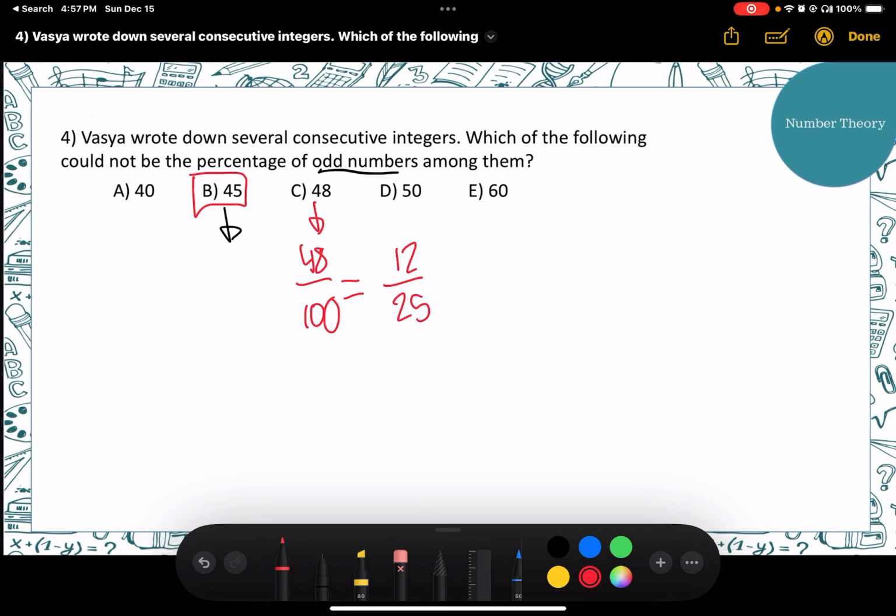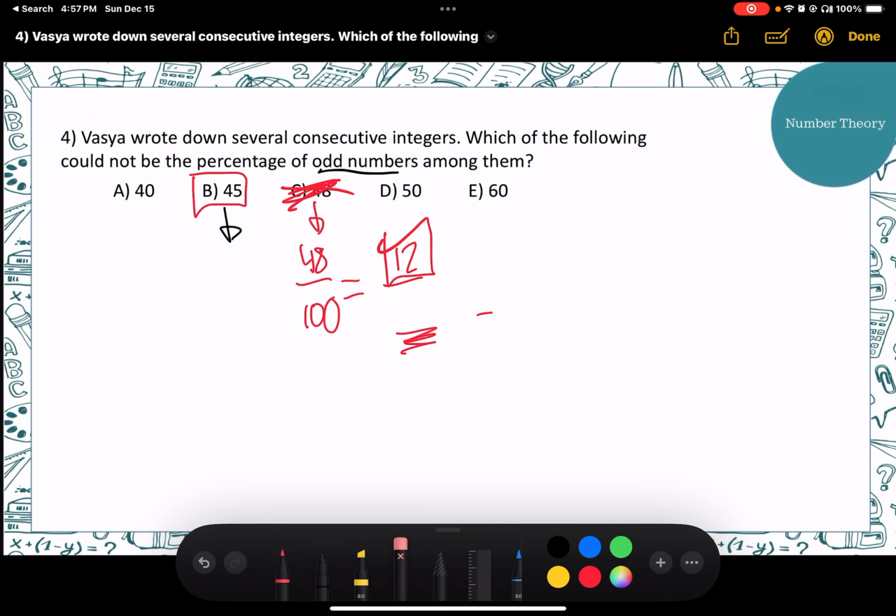Here's why. So you have an odd number of numbers, which means that there is going to be one more odd or even, right? So that means that this is possible because you can have one less odd number than an even number. So that means that we know that this cannot be an answer either.